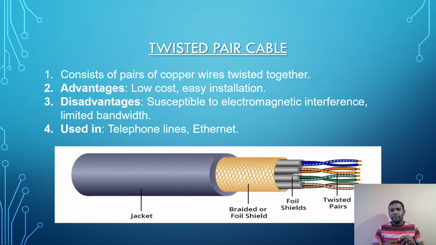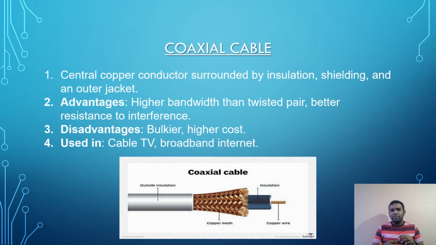The next kind of cable is the coaxial cable. A central copper conductor surrounded by insulation, shielding, and an outer jacket. As we saw in the twisted pair cable, there was a copper wire shielded by two layers and then a jacket.